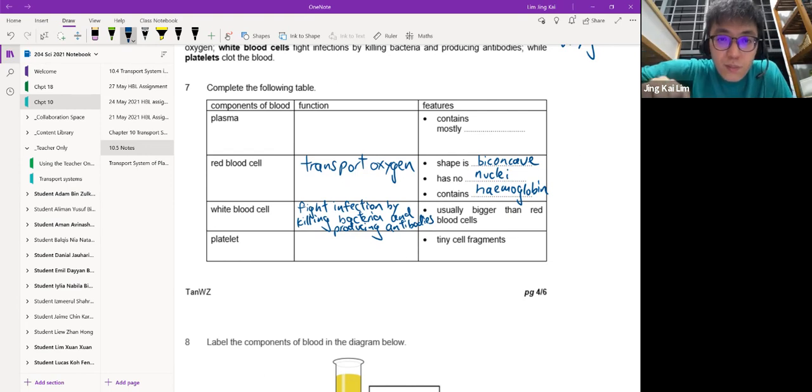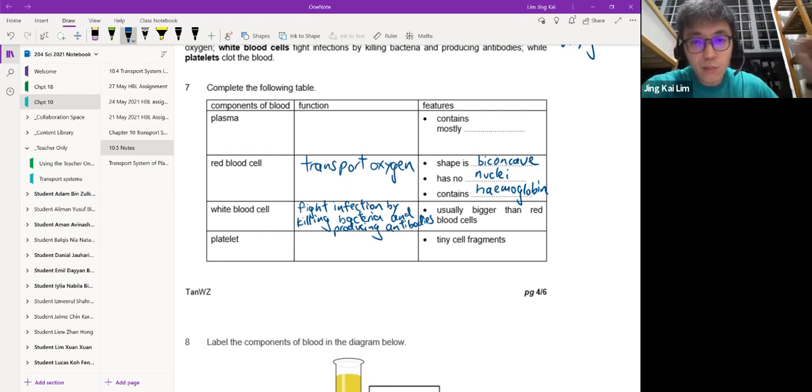The extension again: white blood cell is not one type of cell. There are many types of white blood cell. Red blood cell, on the other hand, has only one type. All the different types of white blood cells do different jobs. Some of them eat the bacteria, some of them produce the antibodies, and so on and so forth.